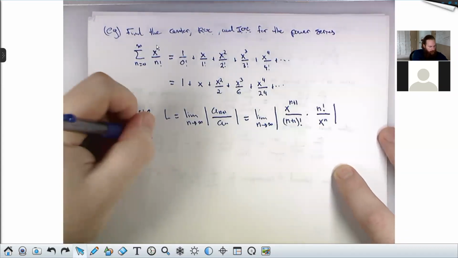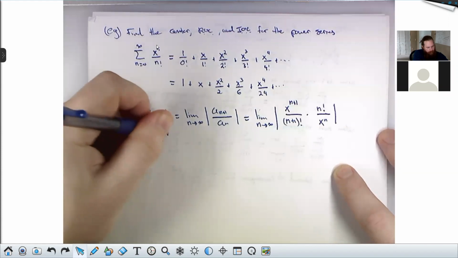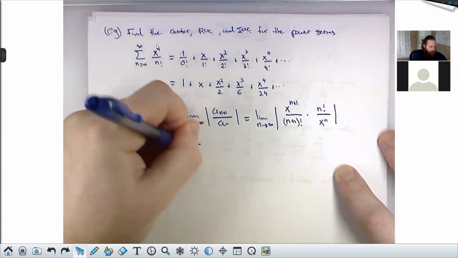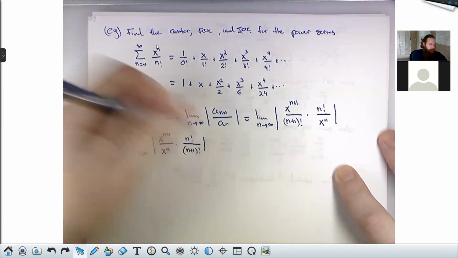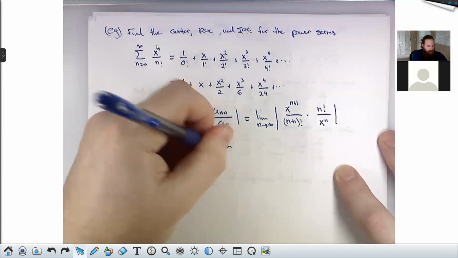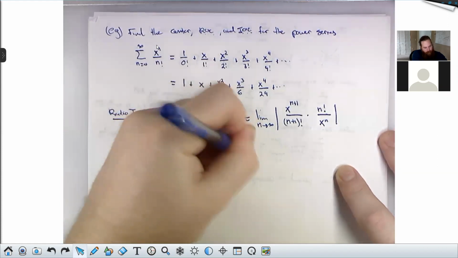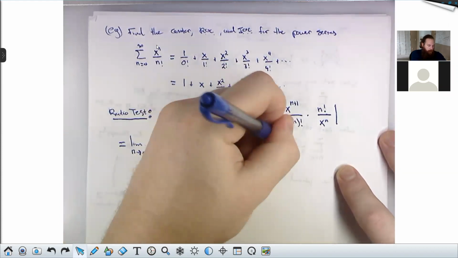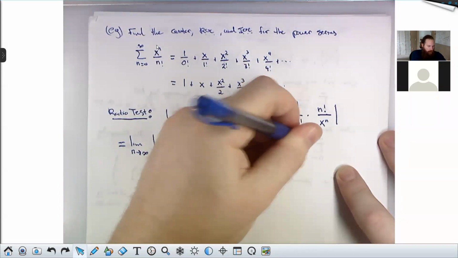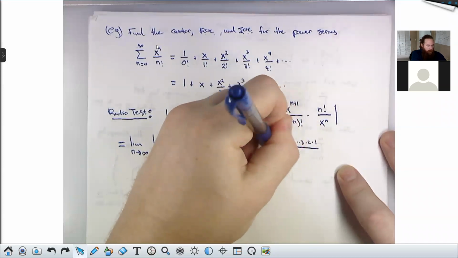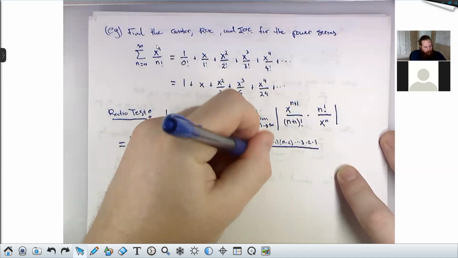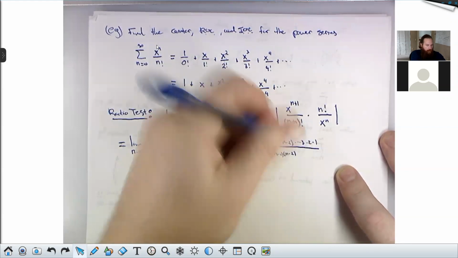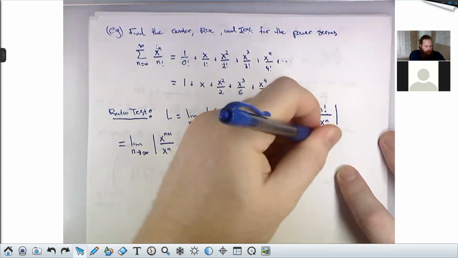So let's reorganize the terms. I get x to the n plus 1 over x to the n times n factorial over n plus 1 factorial, which is the limit as n goes to infinity, absolute value of x times n times n minus 1 times n minus 2 all the way down to 3 times 2 times 1, divided by n plus 1 times n times n minus 1 times n minus 2 all the way down to 3 times 2 times 1.